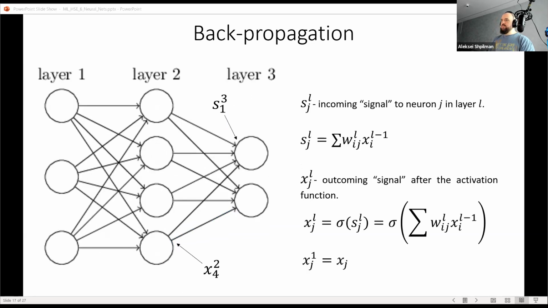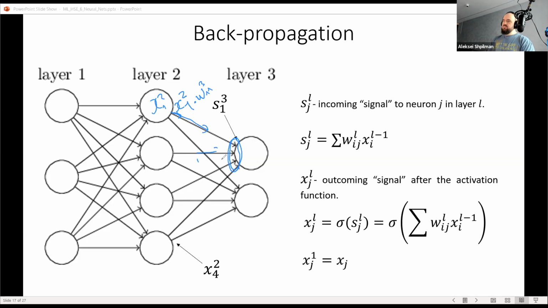Then the sum of every weight: we multiply the output here. So this is X2,1, the output, and it's multiplied by weight W3,1,1.